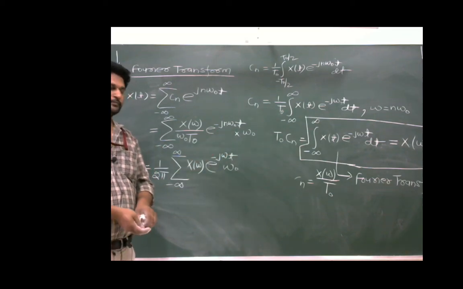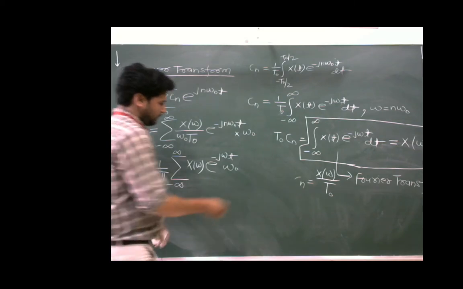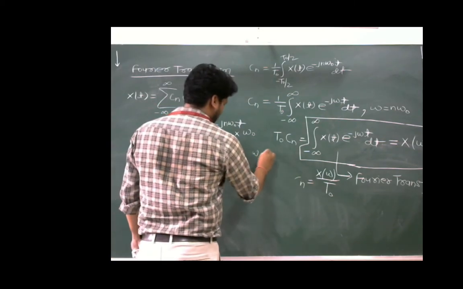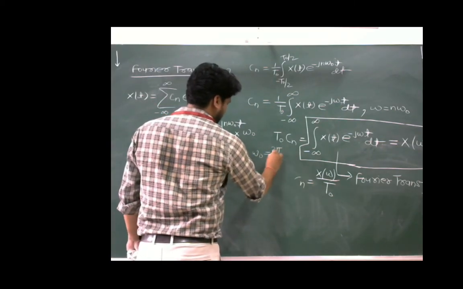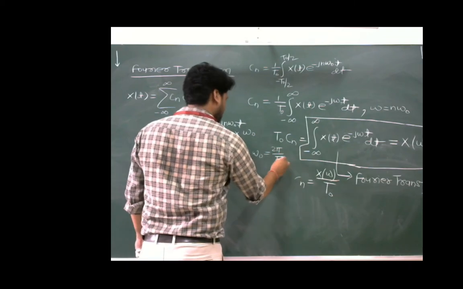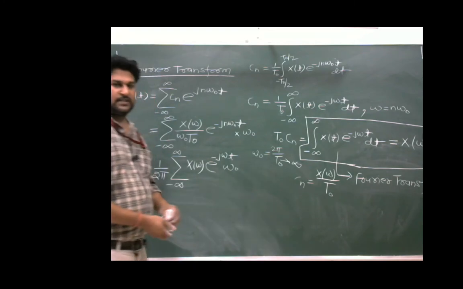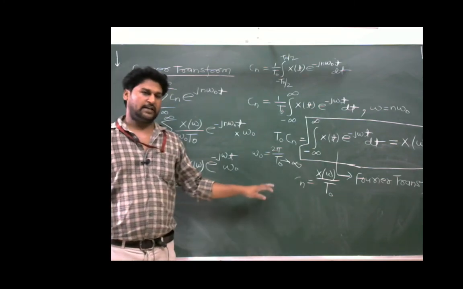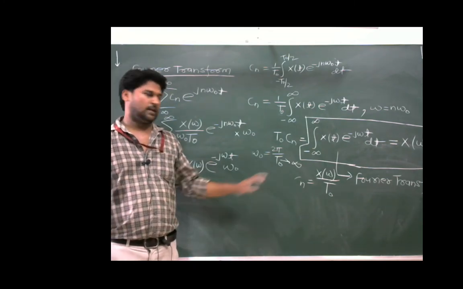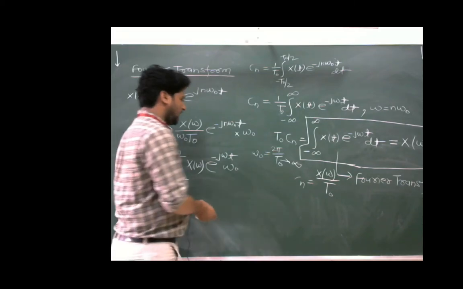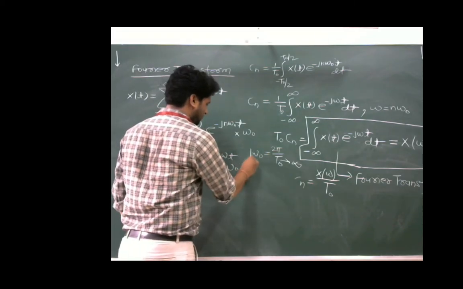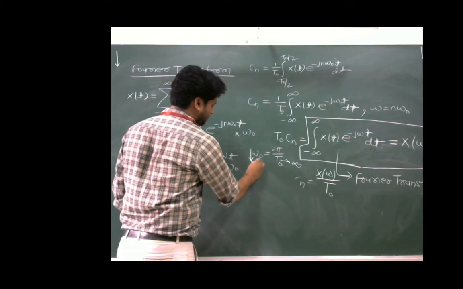Now we know omega naught is equal to 2 pi by t naught. If this t naught tends to infinity, then this omega naught will tend to 0.